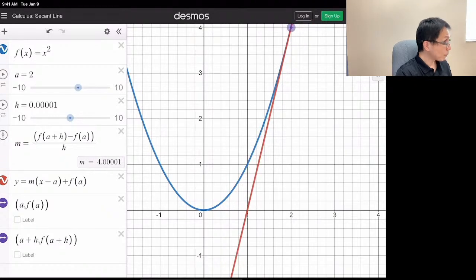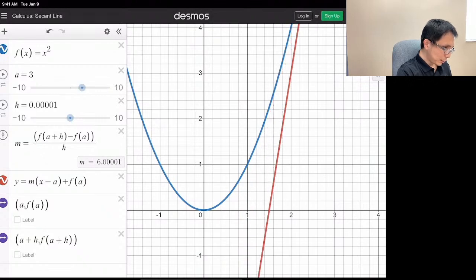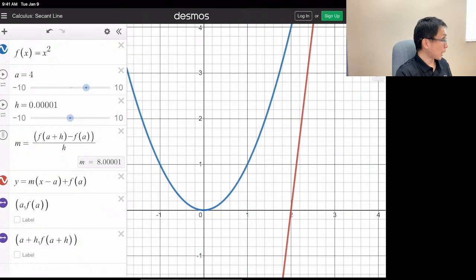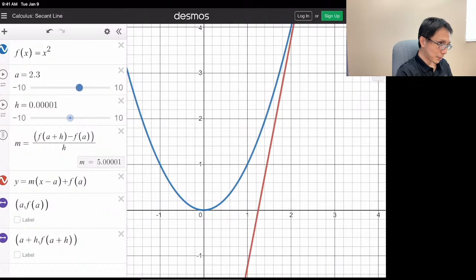What's my slope? 4. Can you predict what happens at 3? 6, right? Can you predict what happens when a is equal to 4? Can you predict what if a is negative 1? Negative 2.